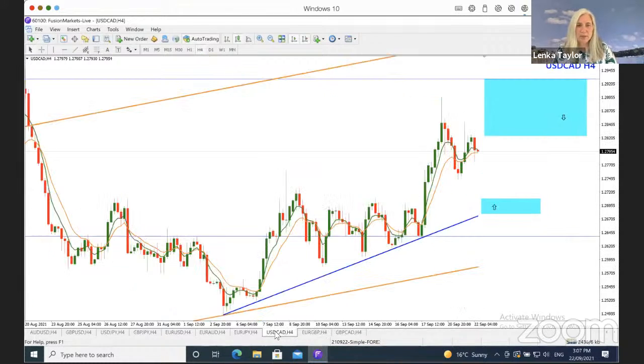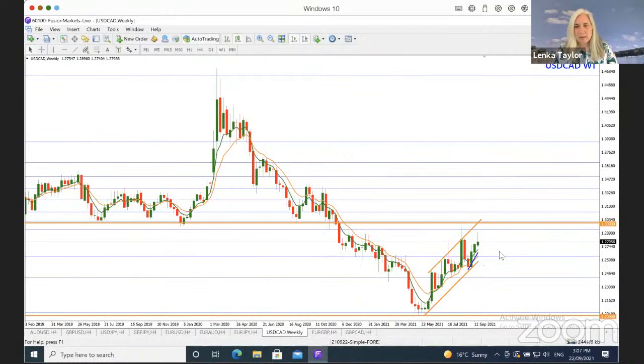Next currency pair I'm looking at is USD CAD. USD CAD, really, I would want to do short on this. It already had a rejection there of the horizontal at 1.3. I did have that a bit lower before as I was looking for a reversal, but it didn't happen.